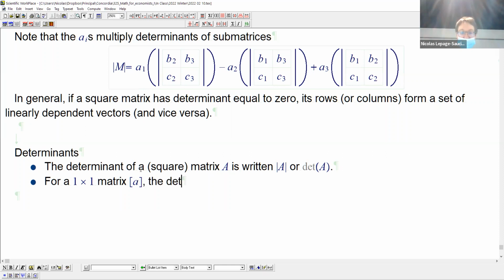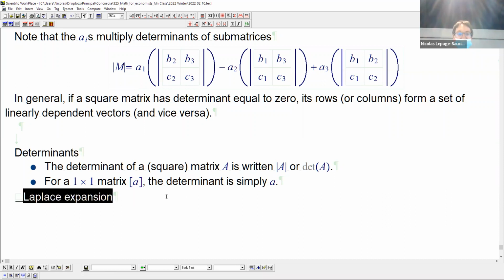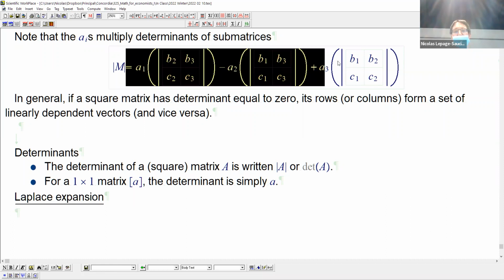The determinant is simply A. And then the Laplace expansion, which we're going to see next time, because you need some time to think about it. But it's going to look exactly like this.